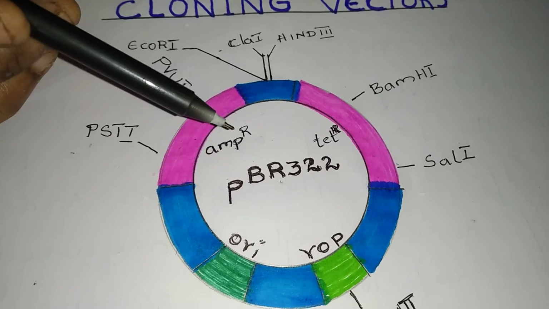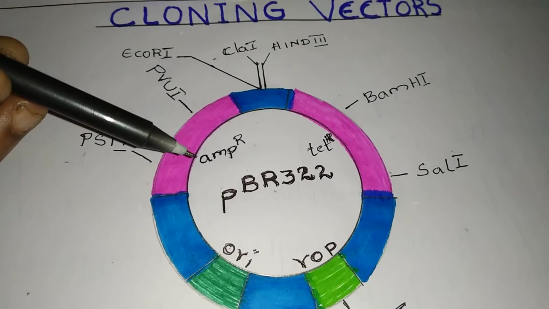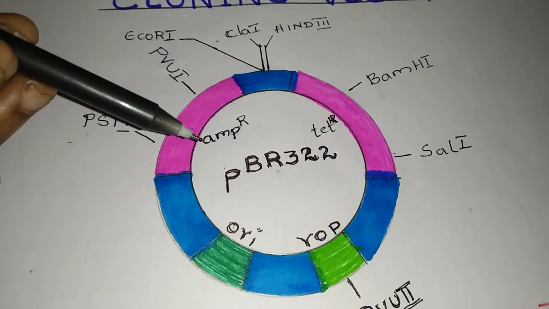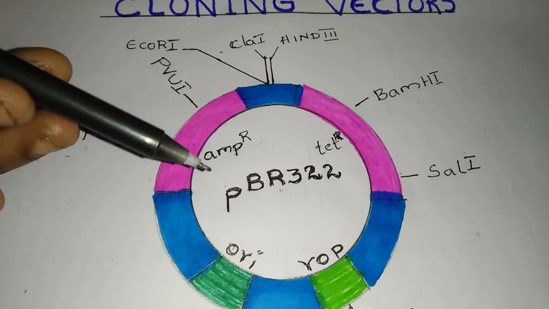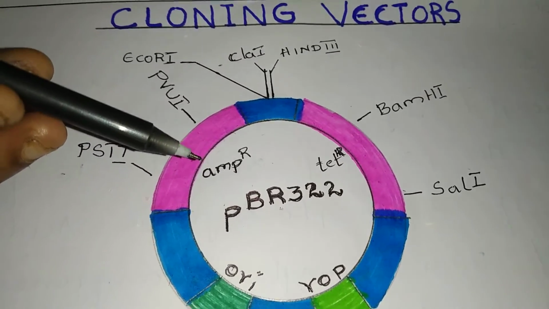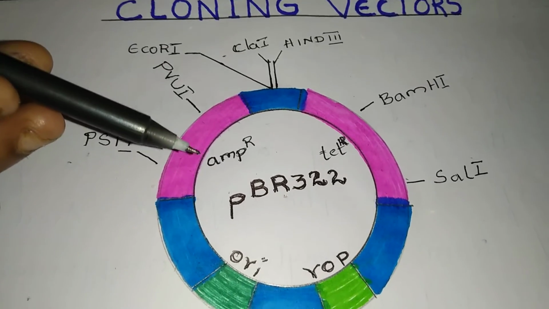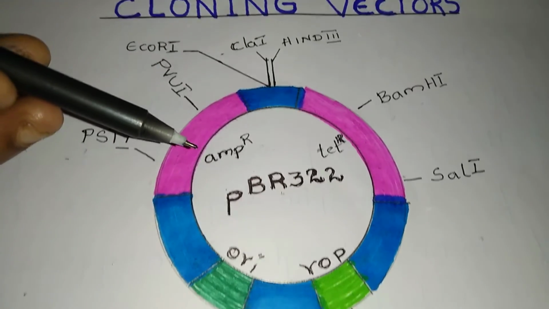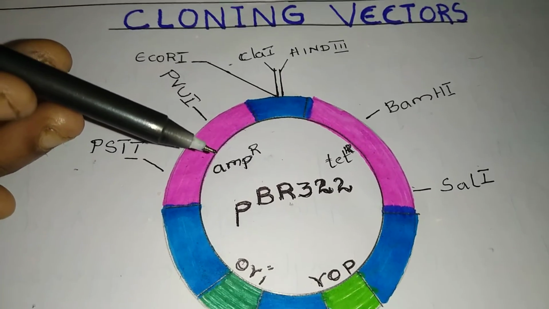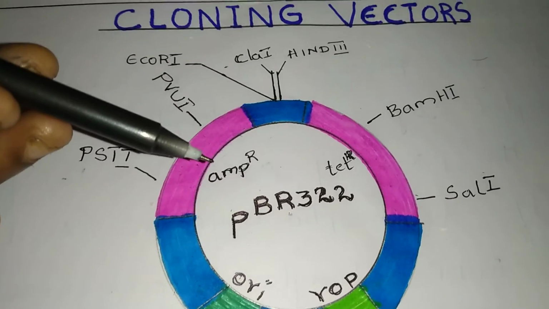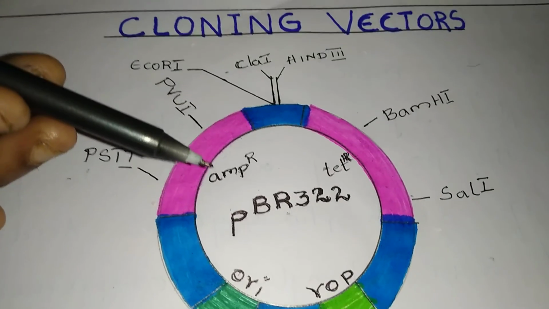In that method, some of the vectors like pUC, which was made at the University of California, will contain a small portion of gene sequence called the lacZ gene.